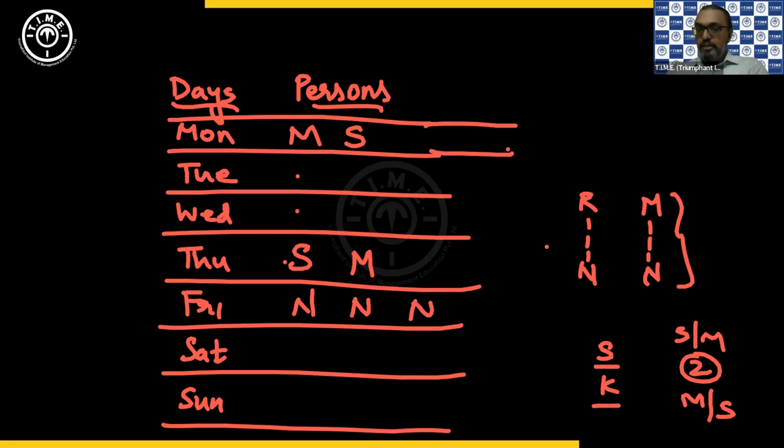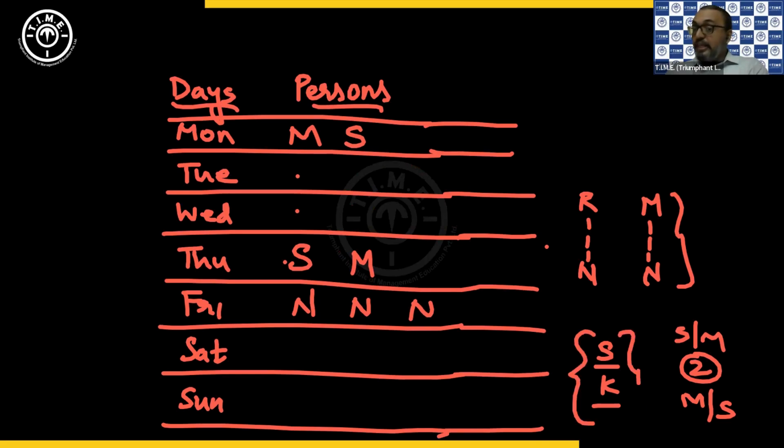But we also need K immediately after S. So S cannot be on a Sunday. That is for sure. So the first case is ruled out because I cannot fix a K. S cannot be on a Thursday also. That much is very clear.